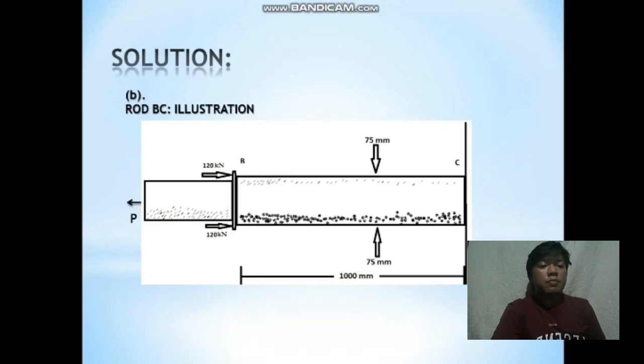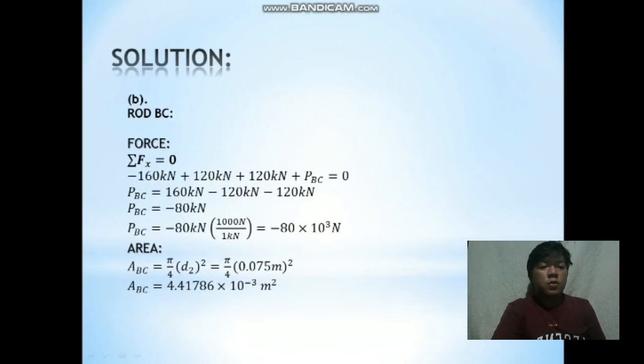And for the rod BC, we have this illustration having a force here and here and the diameter. So for the rod BC, its force is equal to the summation of Fx is equal to 0.